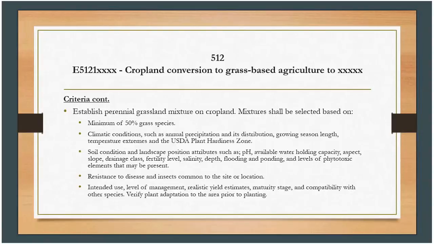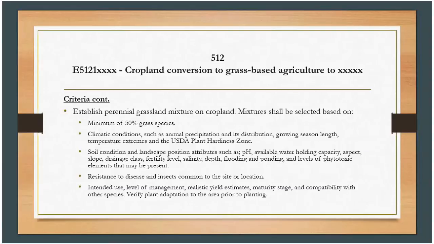Another criteria is you have to establish a perennial grassland mixture on cropland. Mixes shall be selected based on having at least 50% grass species. And the rest of this stuff here is things that we always look at when we do a seeding anyway.